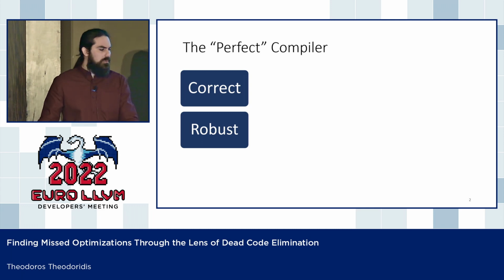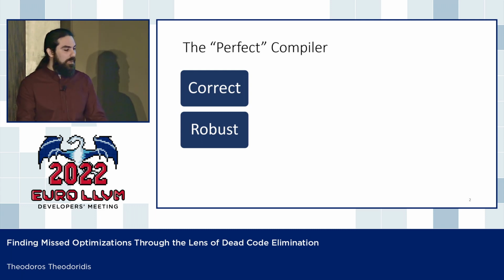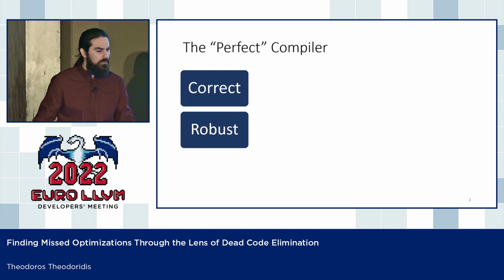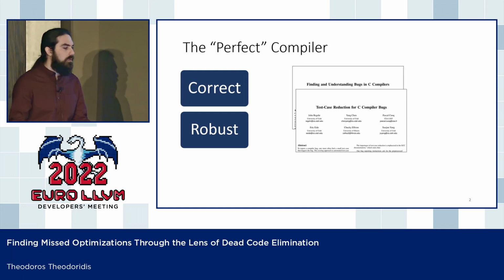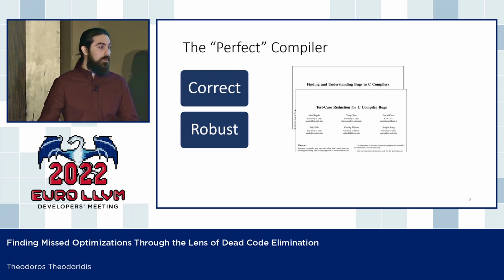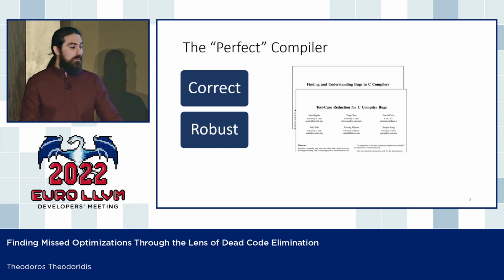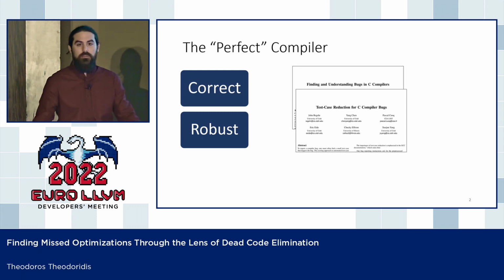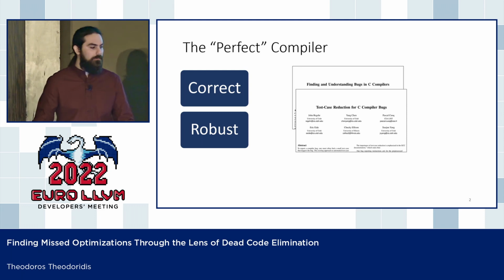And in the past years, there has been a lot of research on how we can build tools to help us achieve these goals, to make sure that the compiler is correct and it doesn't crash, for example. And works in this domain include things like Csmith or C-Reduce. These are tools for randomly generating C programs to stress test a compiler, and methods to reduce these programs to small test cases, a few lines of code, like 10 lines of C code, for example, so that they are understandable and actionable.